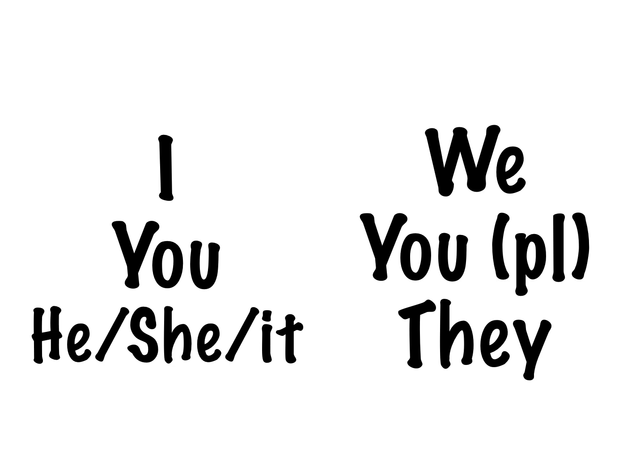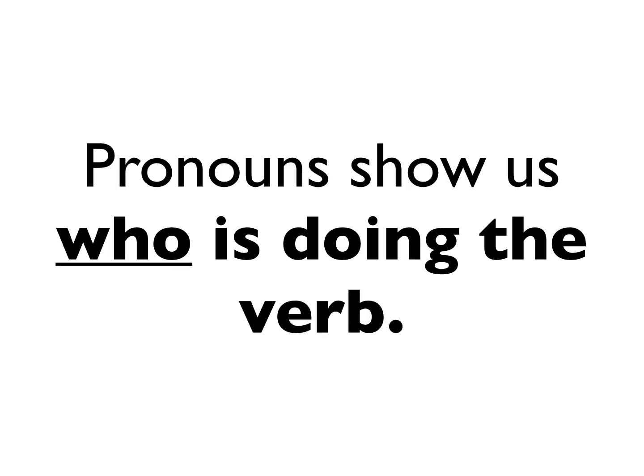And these pronouns come in this order. In English, that's how we form our verbs, and in Spanish, it's exactly the same. So these pronouns show us who is doing the verb. So I eat, you eat, he, she, it eats, we eat, you plural eat, they eat.